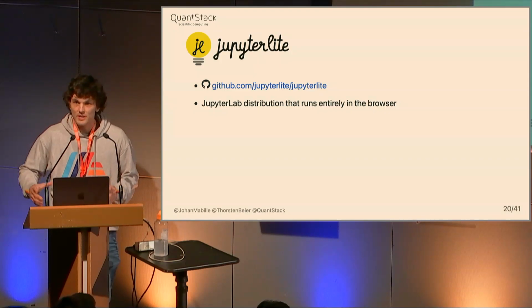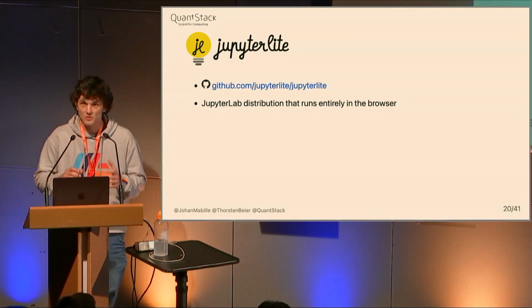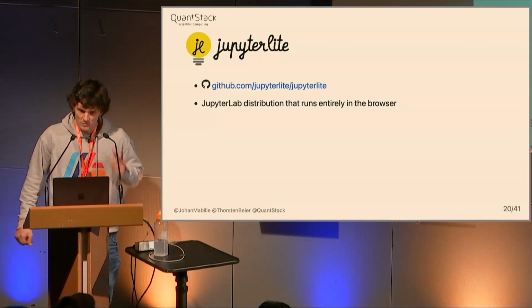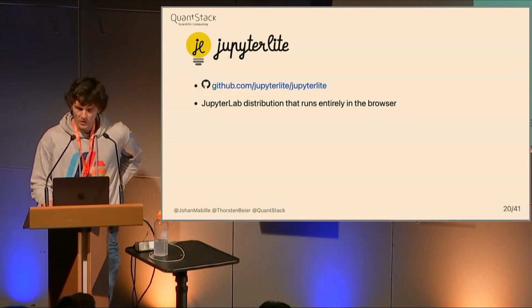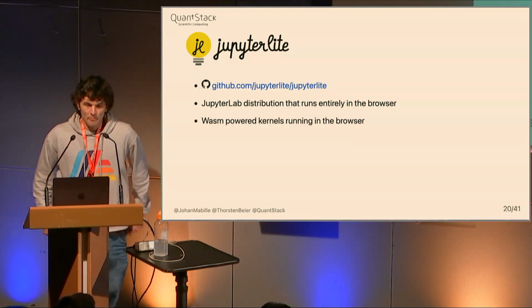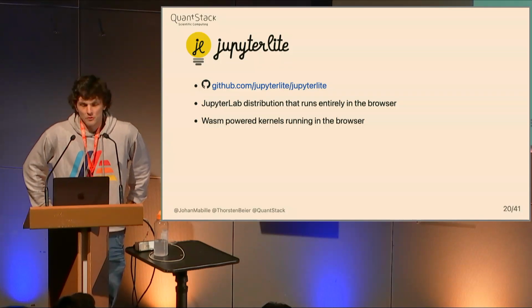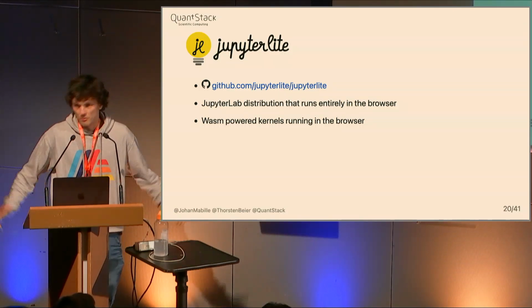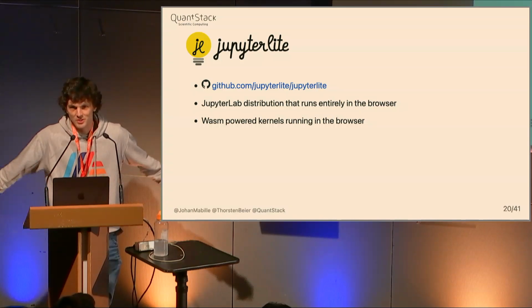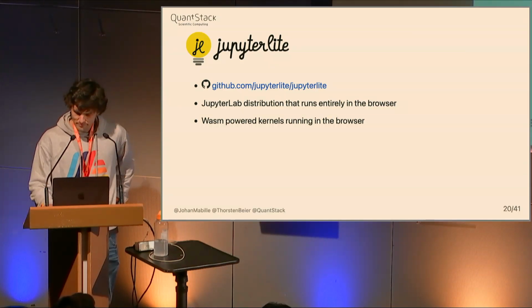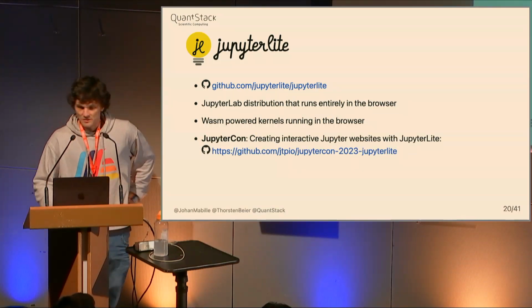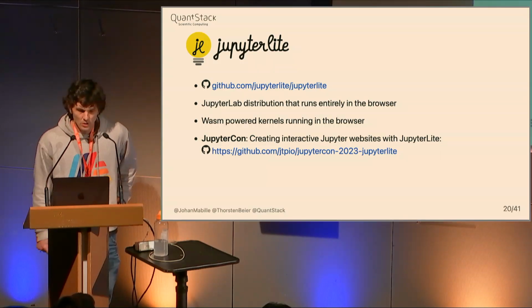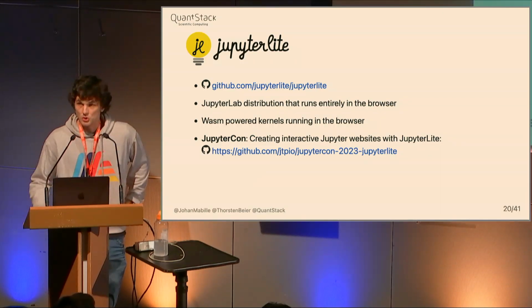It's literally running on your machine in your browser. So no data is sent to any server whatsoever. It's on your machine. But to do this, you of course also need the kernels to be compiled to WebAssembly, because without kernels, JupyterLab cannot do that much. As I said, there was a talk yesterday. Feel free to check the slides out, where you can learn a bit more about JupyterLite.